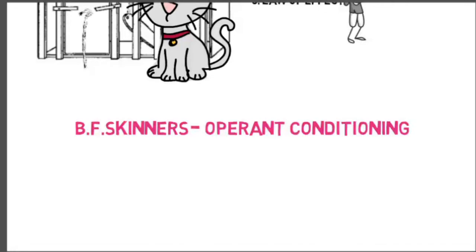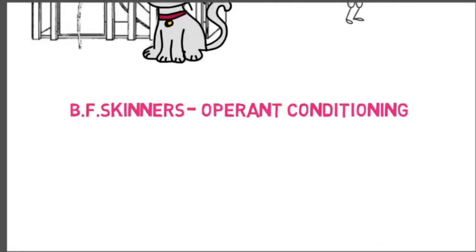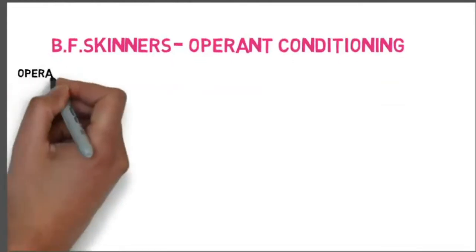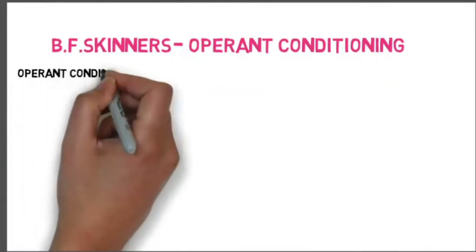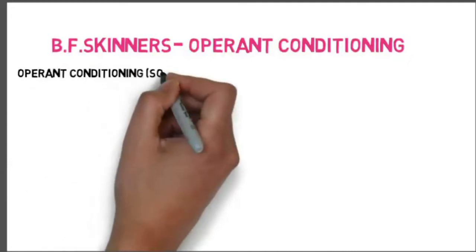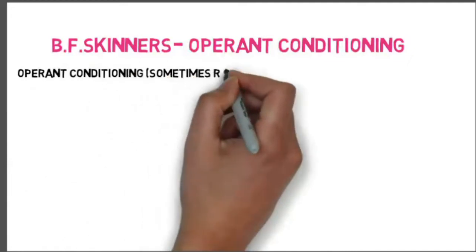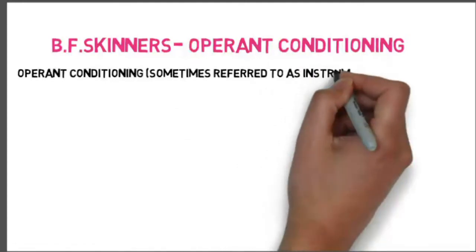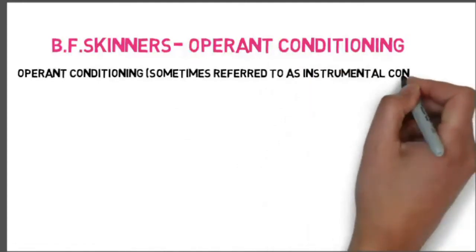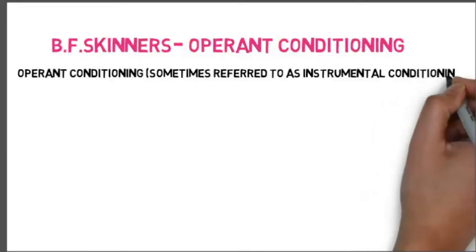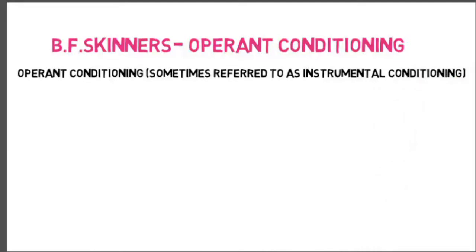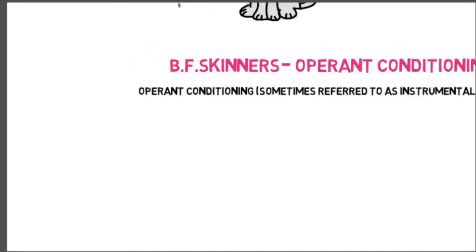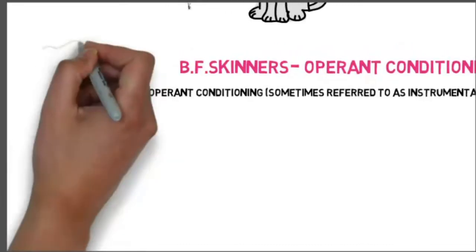The behaviorist B.F. Skinner coined the term operant conditioning, which is why it is also referred to as Skinnerian conditioning. As a behaviorist, Skinner believed that internal thoughts and motivations could not be used to explain behavior. Instead, he suggested we should look only at the external observable causes of human behavior.